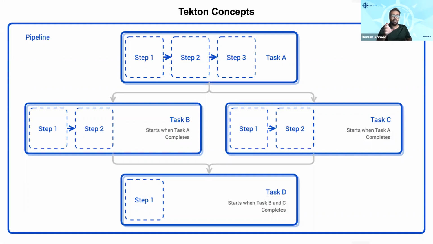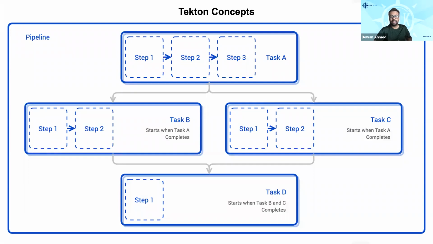If you combine multiple steps, what you get is a task. Now, tasks could run serially or in parallel. In the diagram, we can see that task A finishes and then task B and task C happen in parallel.